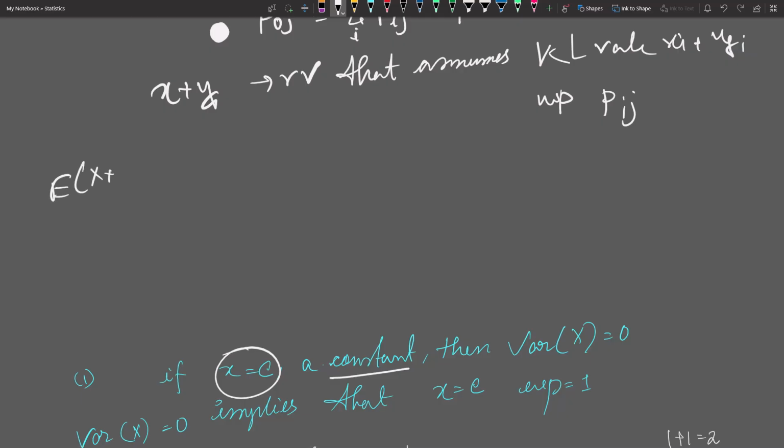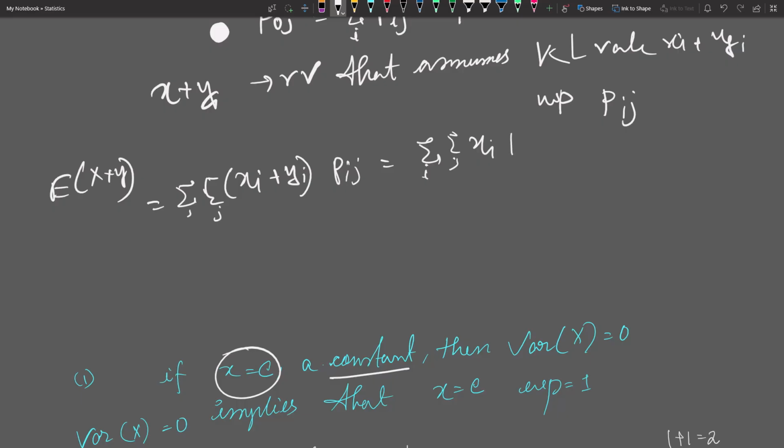expectation, E(x plus y) is equal to summation i summation j (xi plus yj) pij, which is equal to summation i summation j xi pij plus summation i summation j yj pij.